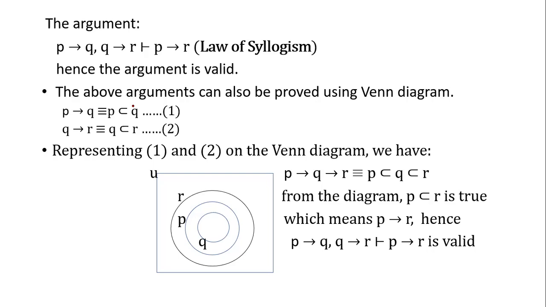Are you with me now? Yes. Then if you have Q implies R, it's equivalent to Q is a subset of R, so Q is also inside R. Now for the law of syllogism, we are saying that P implies Q and Q implies R. Therefore, P is a subset of Q and Q is a subset of R. Which are the biggest sets?